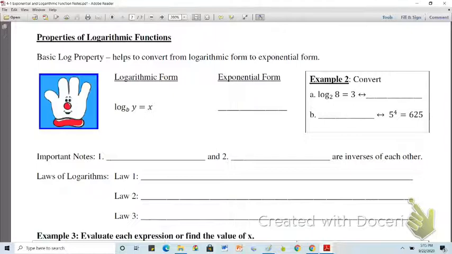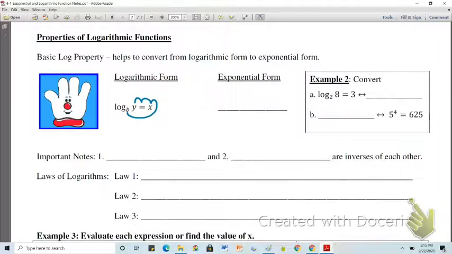So if I look at these functions, you'll notice I have a little picture here. I call him my hamburger helper hand. And that is what we're going to use to convert. So to convert logarithms into exponential functions, I'm going to draw a hamburger helper hand. I'm going to start at B, and I'm going to draw my three fingers.